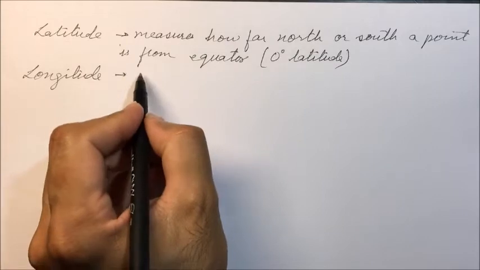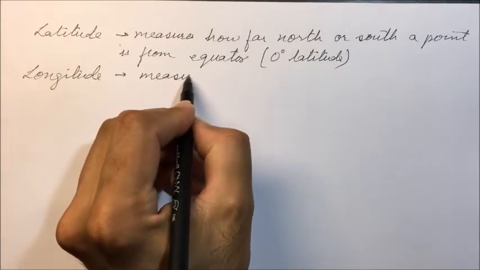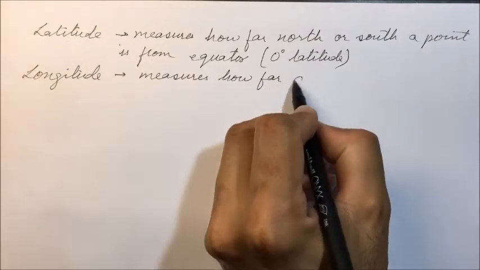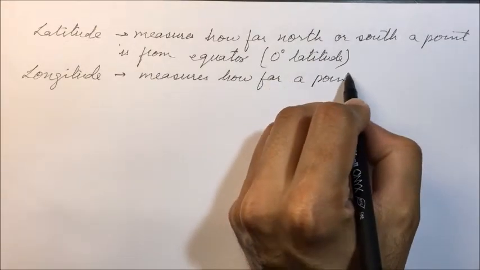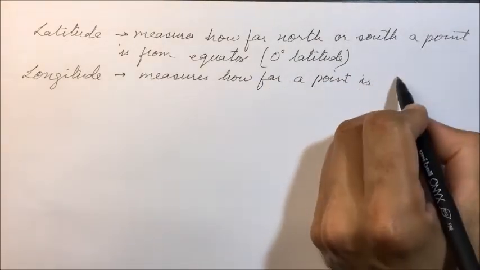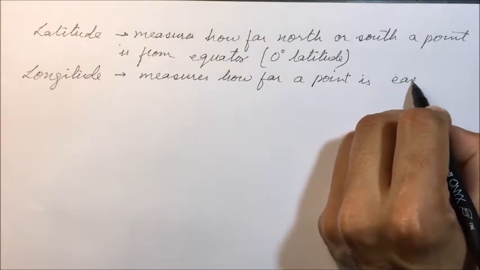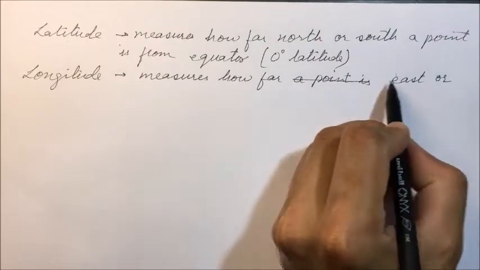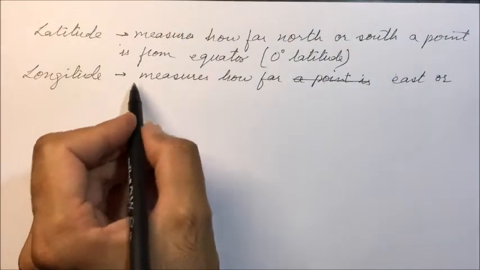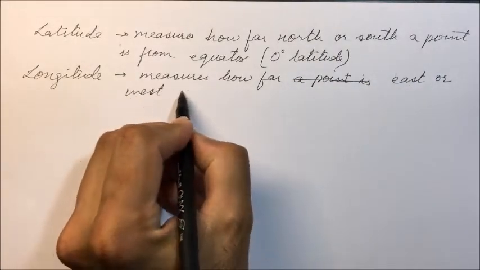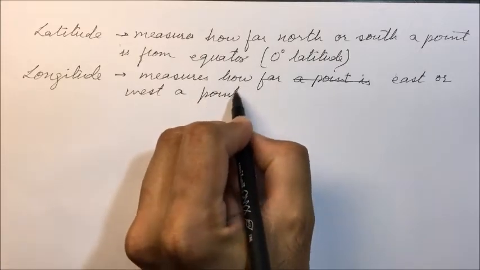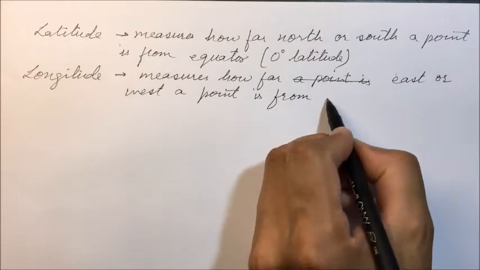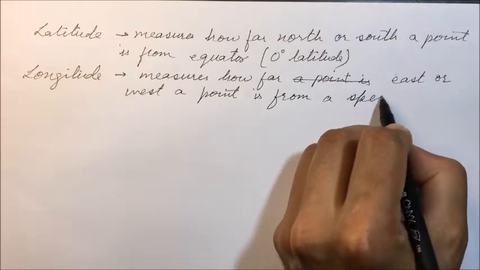Now longitude. It measures how far east or west a point is from a specific meridian.